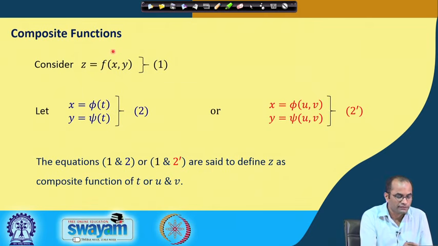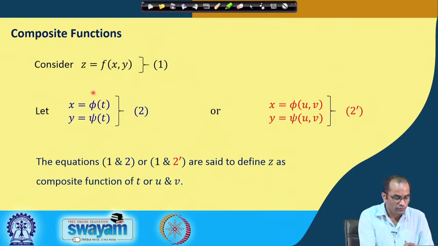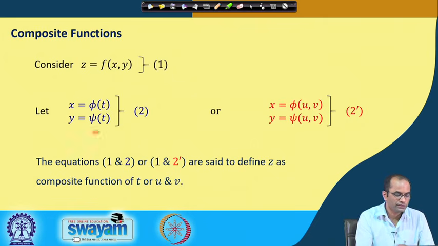We will find a direct formula which uses the partial derivatives of the function f, a function of two variables x and y, and also the derivatives of phi and psi, both functions of t, to get the derivative of z directly without substituting x and y in terms of t in the function f(x, y).